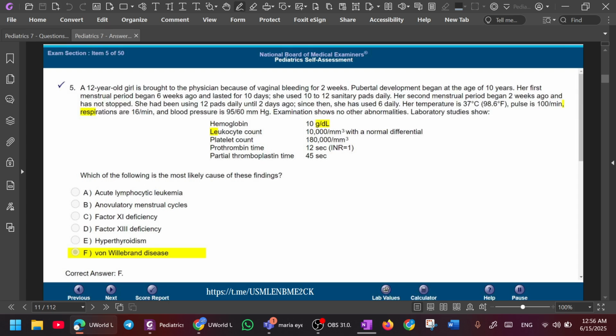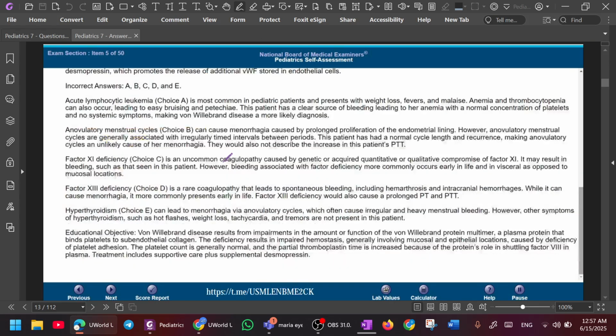The deficiency results in impaired hemostasis, generally involving mucosal and epithelial locations due to deficiency of platelet adhesion. Von Willebrand can be genetic, autosomal dominant, or acquired. Since von Willebrand multimer also acts as a serum transporter for coagulation factor 8, factor 8 concentrations may be decreased, leading to an increase in PTT without affecting PT.